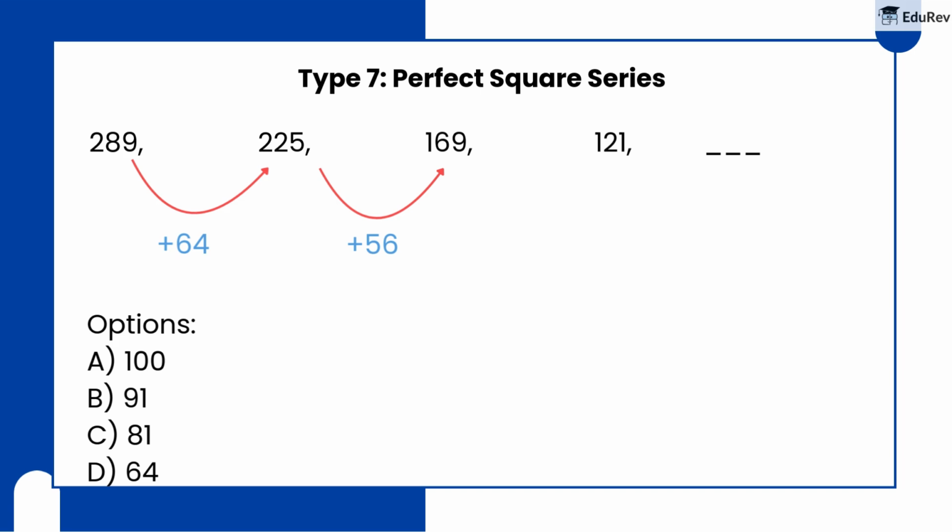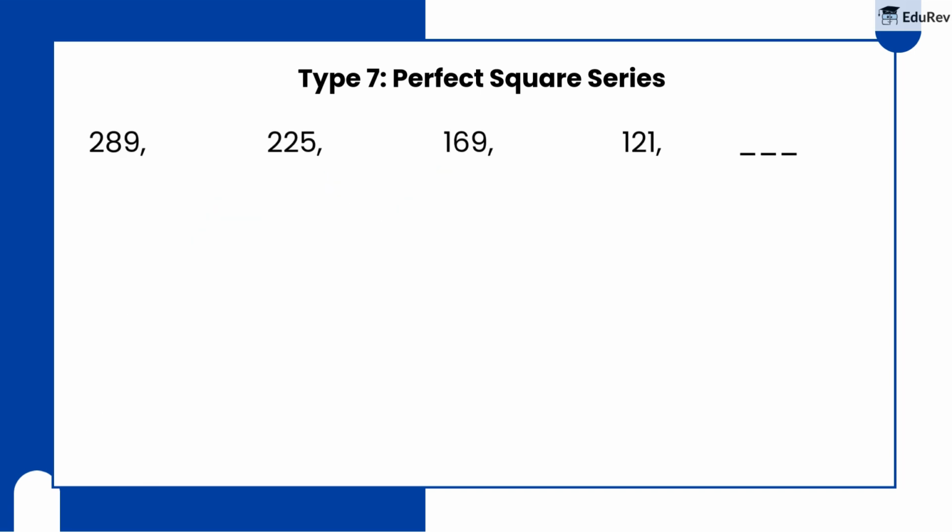This is a big clue that we should look at the properties of the numbers themselves, not just the relationship between them. Are these numbers special? You might recognize that 289 is 17 multiplied by 17, or 17 squared, and 225 is 15 squared. 169 is 13 squared. 121 is 11 squared.